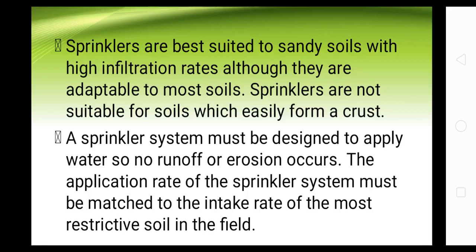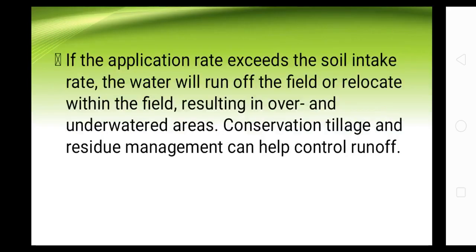A sprinkler system must be designed to apply water so no runoff or erosion occurs. The application rate of the sprinkler system must be matched to the intake rate of the most restricted soil in the field.